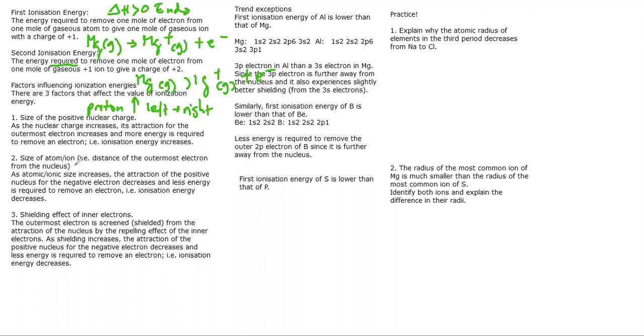The second factor is the size of the atom. In this case, it's the distance of the outermost electron from the nucleus. If the size of the atom increases, the attraction of the positive nucleus decreases, and then less energy is required to remove the electron.